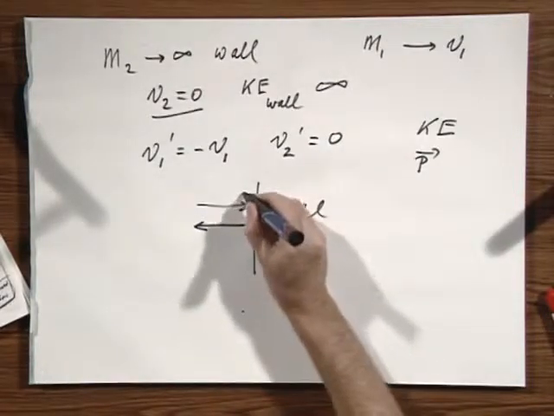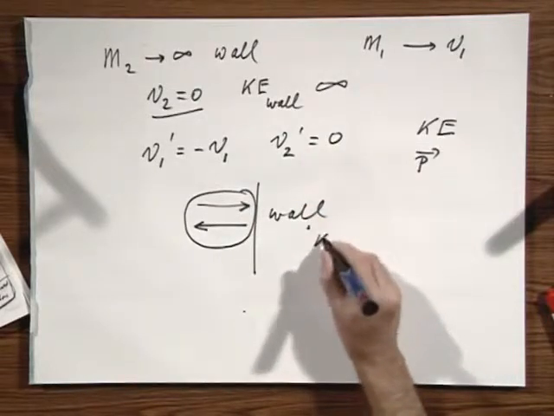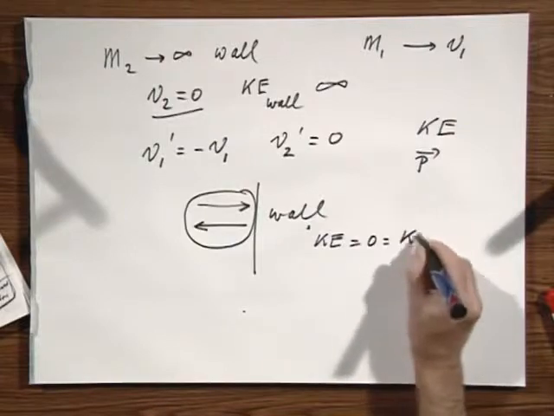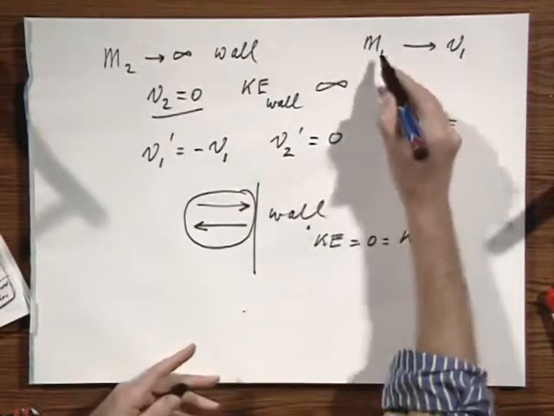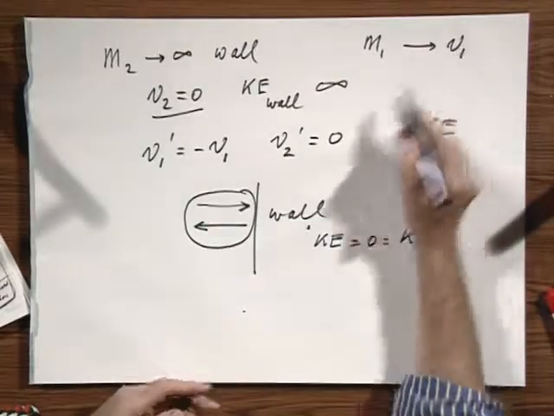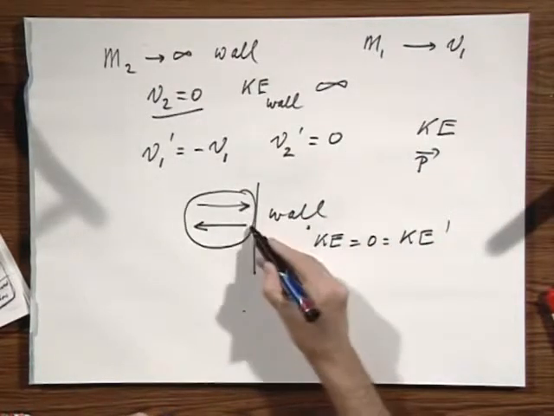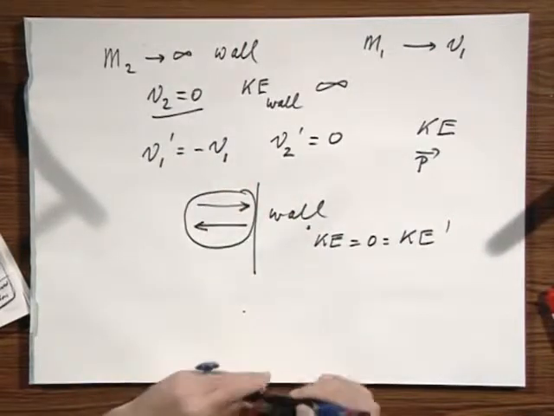The kinetic energy is all in here, is not in the wall. The kinetic energy of the wall before and after equals 0. The kinetic energy here is 1/2 M1 V1 squared, and it is also 1/2 M1 V1 squared when it bounces back. So that's fine.